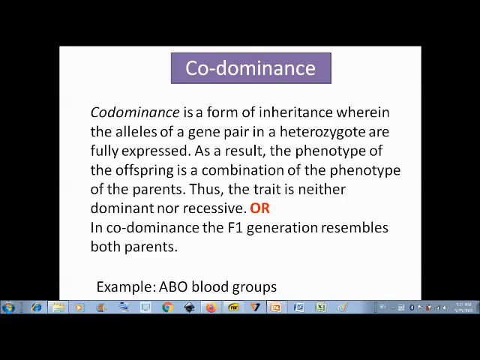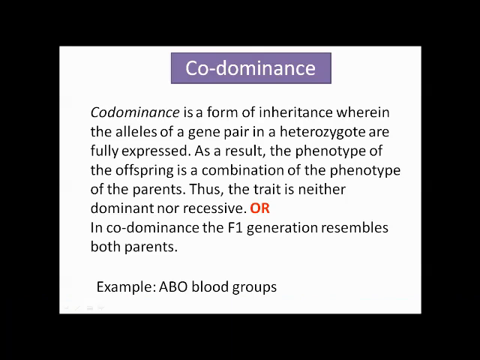As we have seen in the last case, in incomplete dominance there was a dominance, but the dominance was not complete, and hence they show incomplete dominance. Both the characters were there in the heterozygote condition, and the dominant character was not completely dominant.